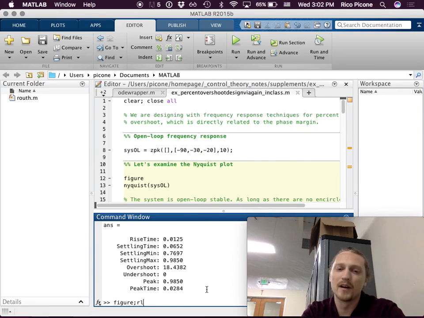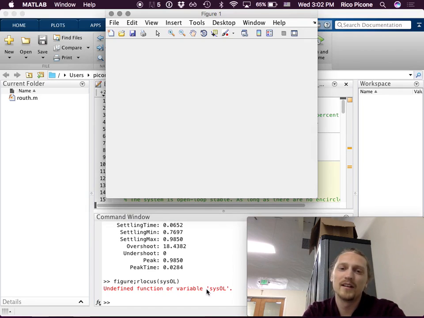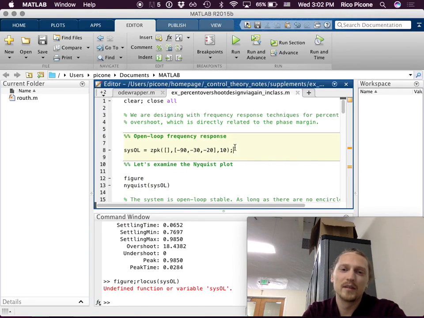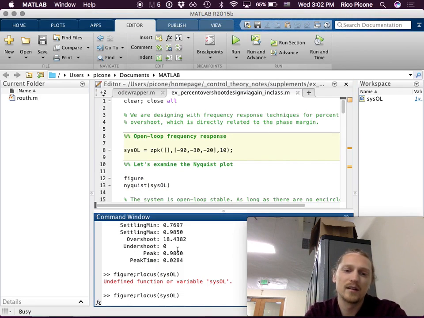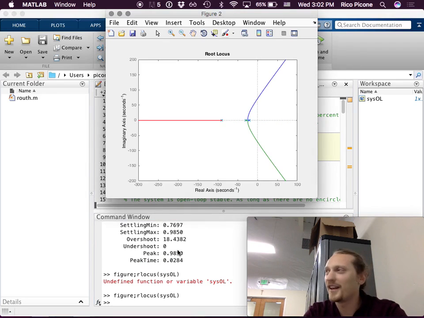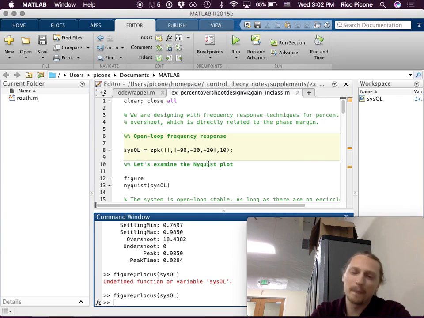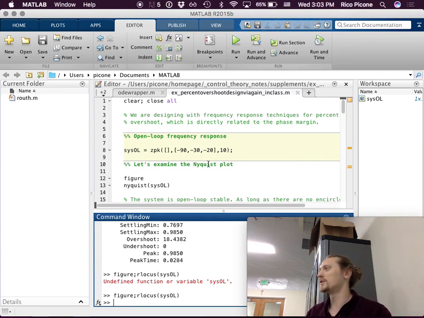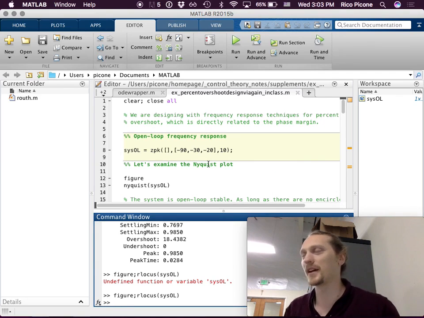Did I not define that? Okay, so that makes sense. We know there's going to be some gain where it's going to cross over, right? But say we're pre-root locus, because the frequency response stuff came first, actually.